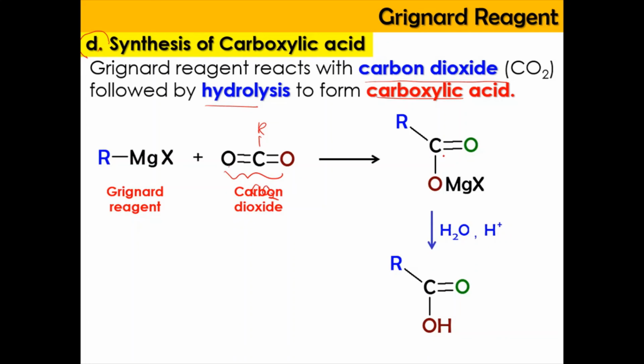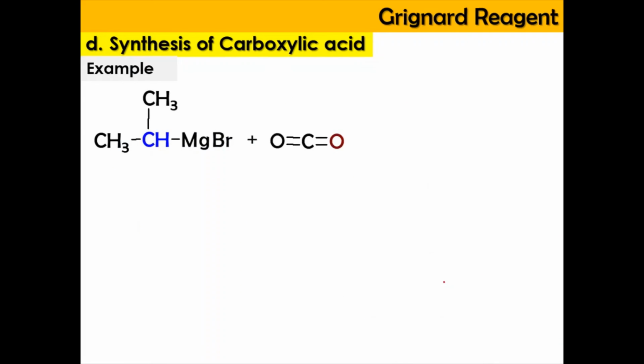So this, as I mentioned, is a step-by-step process. And the side product here is going to be MgOHX. Now we're going to look into the specific example where our R group is going to be CH3CH3. When the Grignard reagent is reacting with the carbon dioxide, we're going to produce the first step here, which is OMgBr.